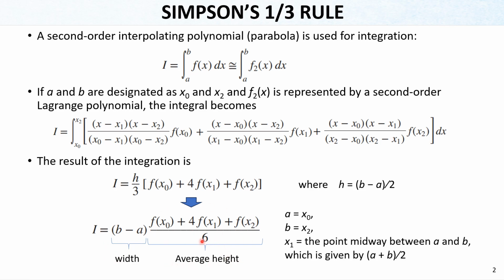When you multiply these, it gives an estimation of the integration. x0 is a, x2 is b, the limits, and x1 is a point midway between a and b, given by (a plus b) divided by 2. So it is exactly in the middle. Because we have this divide by 3, it's called the 1/3 rule.